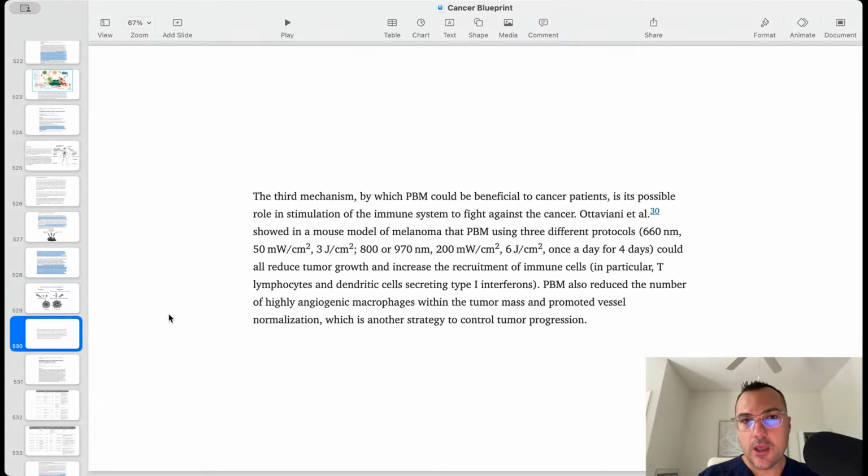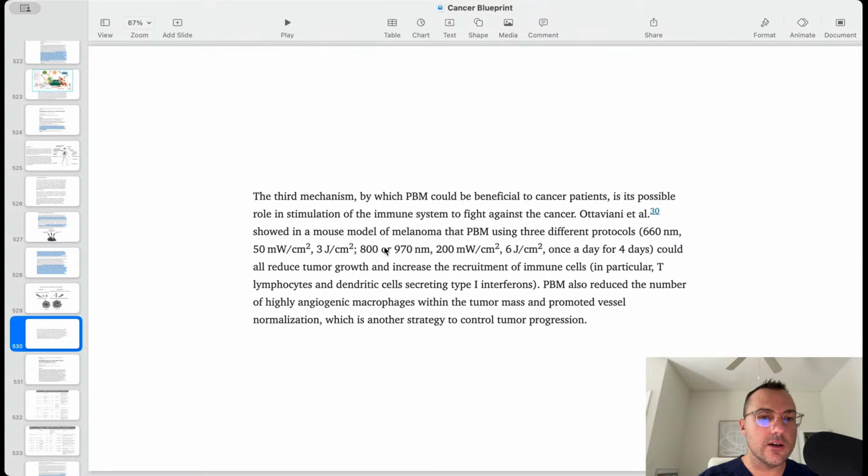I'll digress. There's a third mechanism proposed by these researchers, in which PBM could be beneficial to cancer patients: a possible role in stimulation of the immune system to fight the cancer. They showed in this particular mouse model of melanoma, where they were giving different wavelengths of light and different amounts, they used 660 nanometers, which is red light, at 50 milliwatts per centimeter squared irradiance, 3 joules.